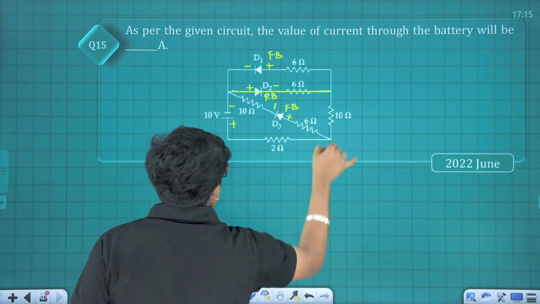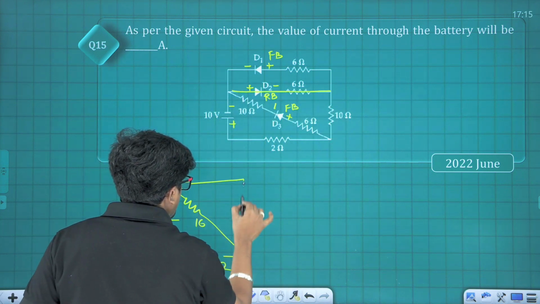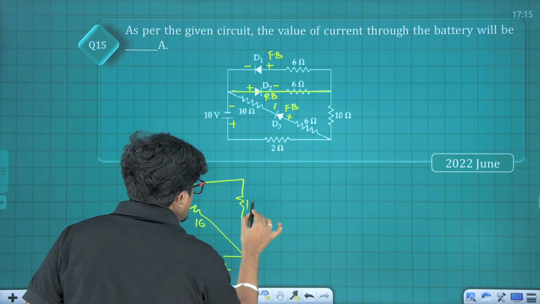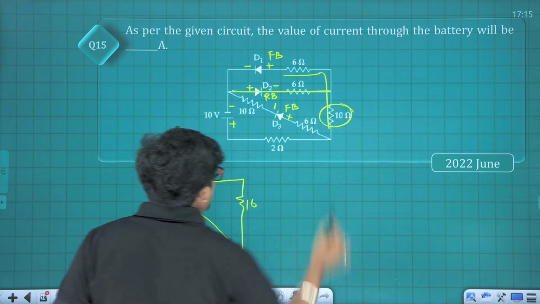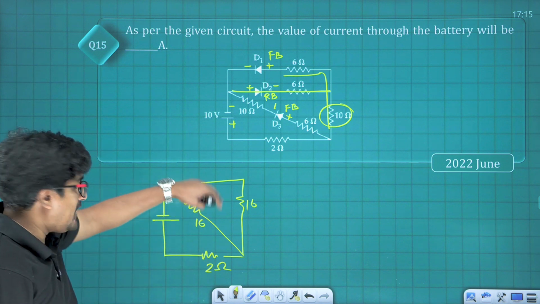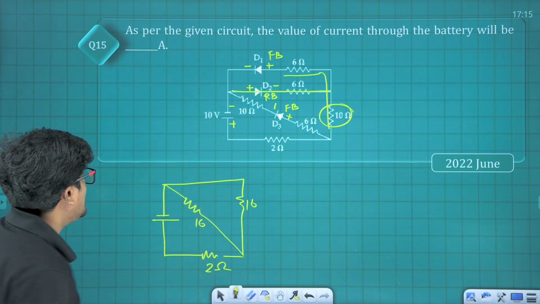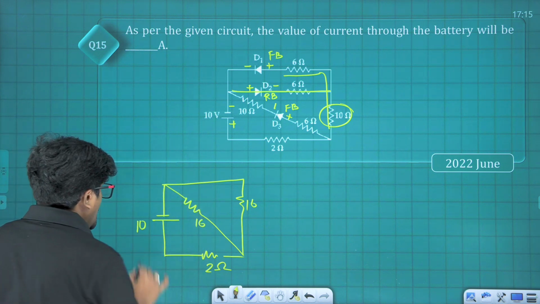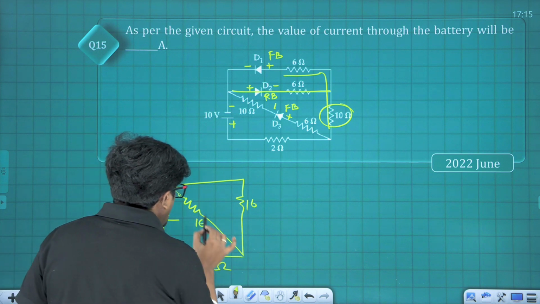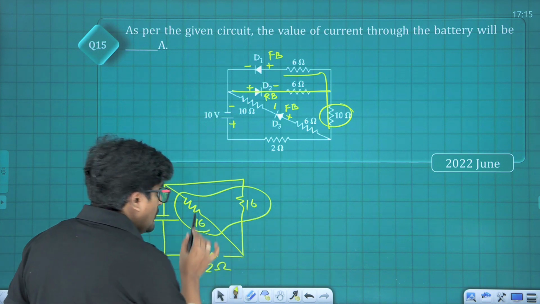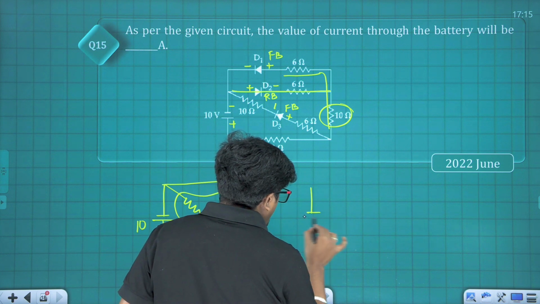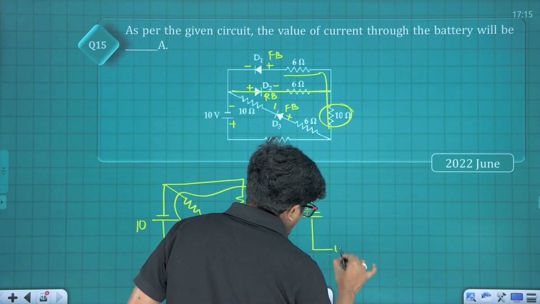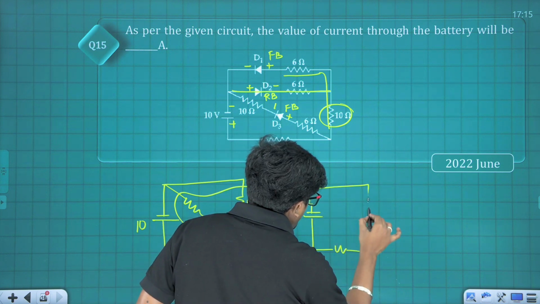Now here also it is what? 16, because I am having 6 here and I am having this in series, so that's going to be 16. Now it's 16 parallel 16, that is supposed to be 8, and I am having 10 volt potential drop over here. So the combination of this is going to offer what? 8 ohm resistance. So I will be redrawing the circuit like this.